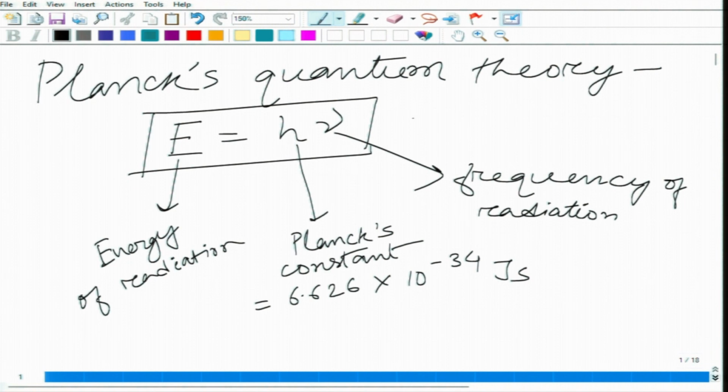From Planck's equation we can easily derive that frequency nu equal to E by h, and the Planck's theory stated that the atoms or molecules emit or absorb energy in discrete amounts, that is discrete quantities.